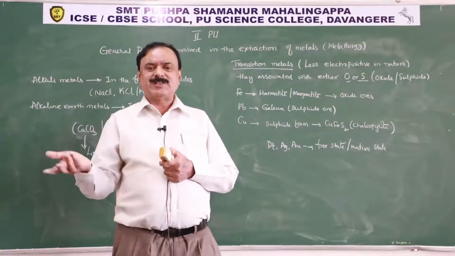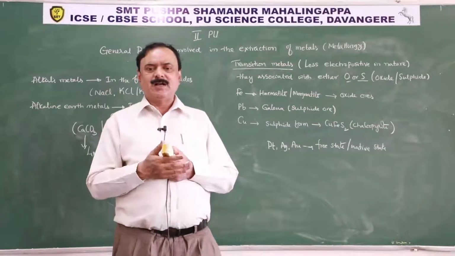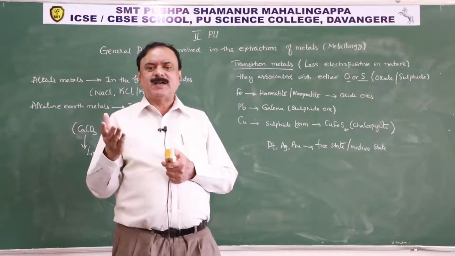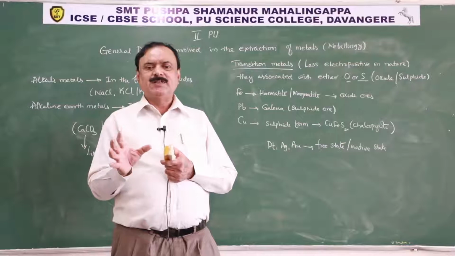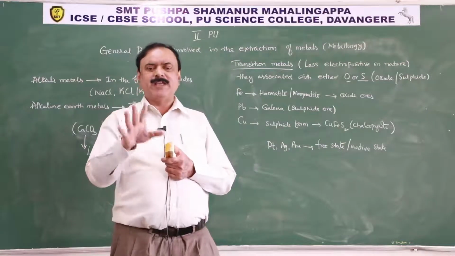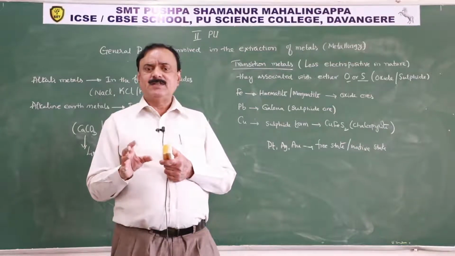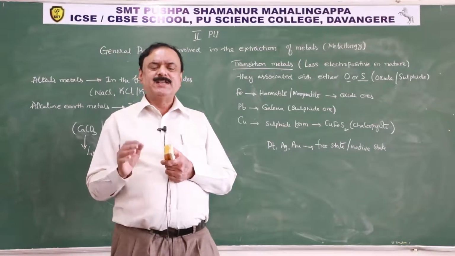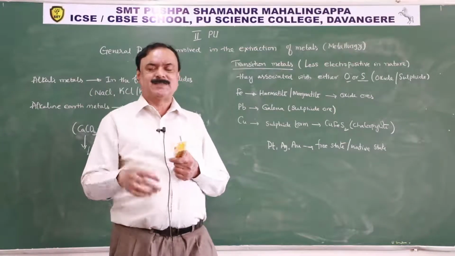Gold is very costly because it does not undergo an oxidation reaction when exposed to air, and platinum or silver also do not undergo oxidation or rusting when exposed to air. That is because of their unreactive nature. Therefore, they are considered as corrosion resistant metals.